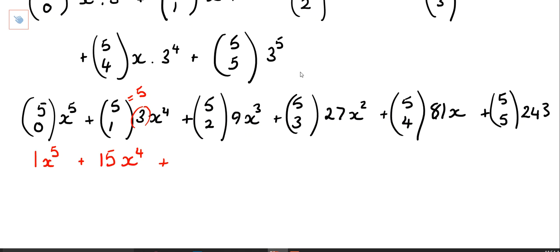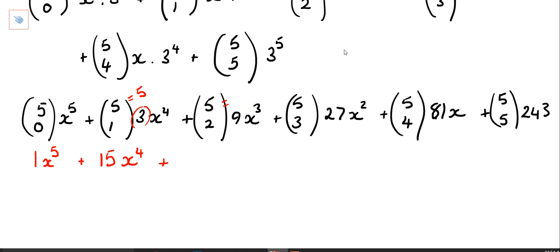So what's 5C2? 10. Do you all agree? Do you remember how to do it? Math, probability, and nCr.